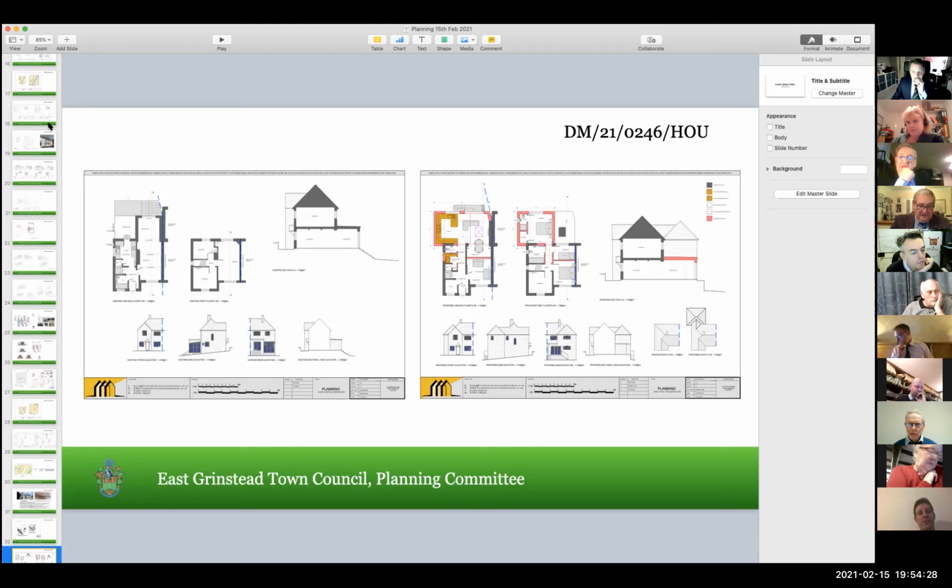So I think it's a great use of space, and I'm happy to propose approval on this. Thank you, Councillor Lee. Can I have a second to that, please? Councillor Odey. Any other comments at all? In that case, can I have a show of hands in support, please? Carried. Thank you.